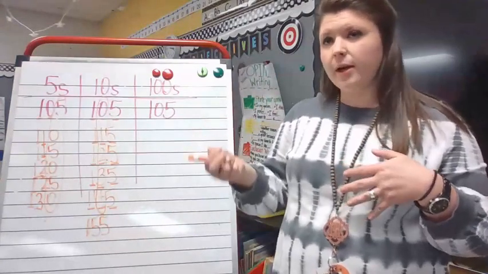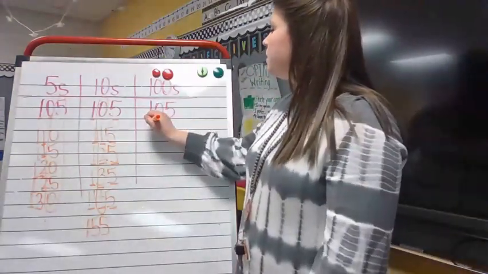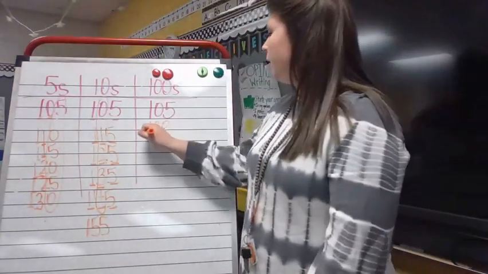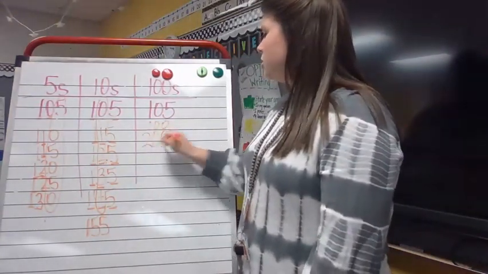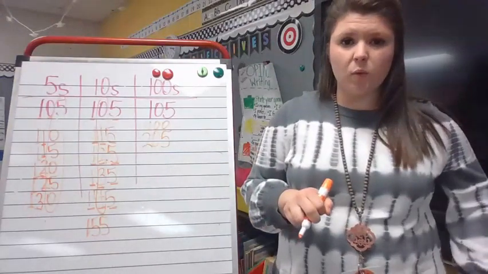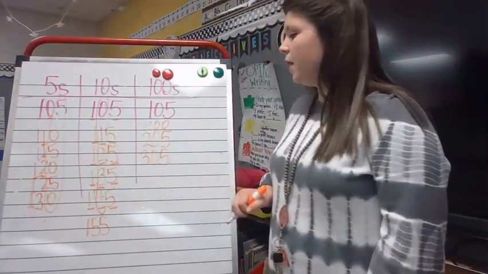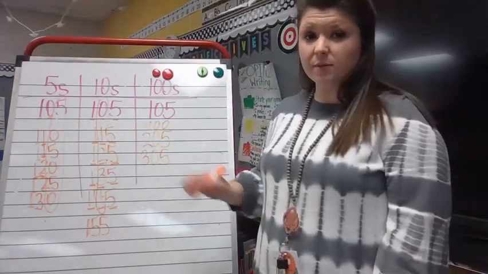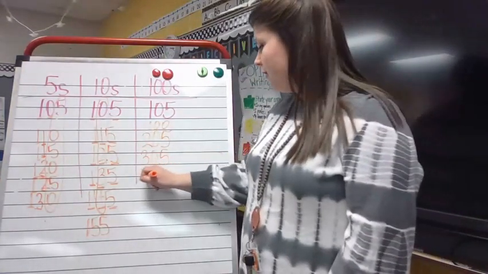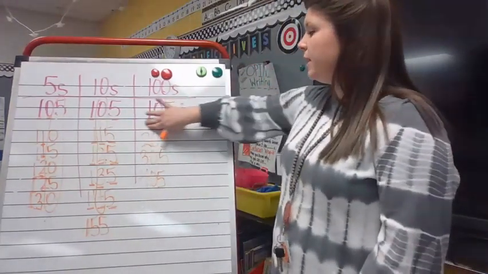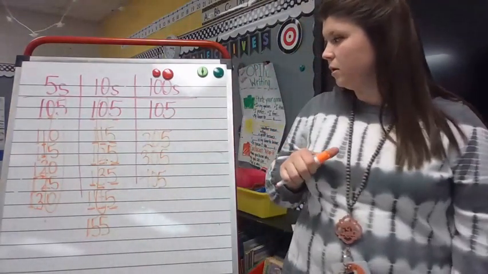All right, now let's count by 100. So what's 105 plus 100? 205. 205 plus 100 more. 305. 305 plus 100 more. 405. What digit changed here?